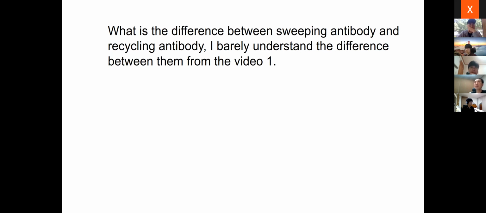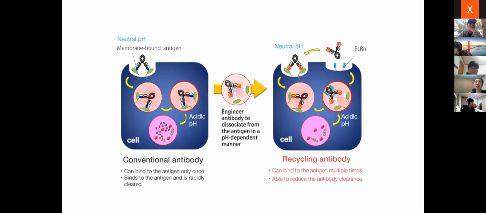Yeah, the later part has sweeping antibody and recycling antibody. It's a very similar idea to each other. If you have an antibody binding to the target cell, outside is neutral. And then this small vesicle inside here is an acidic environment, so they go in, and in the acidic environment, they can be released.